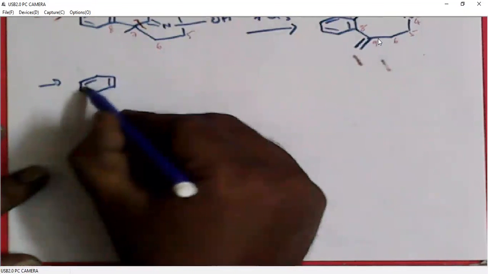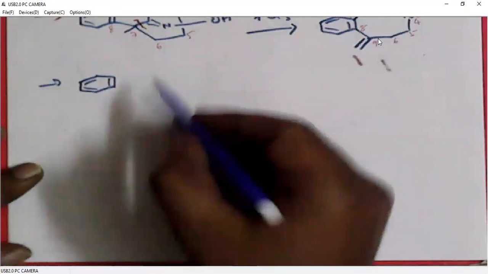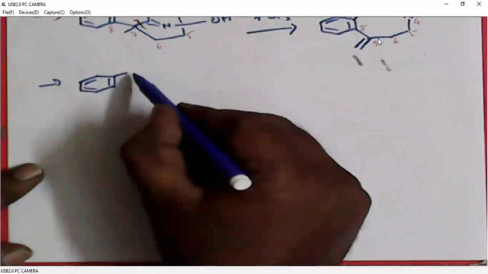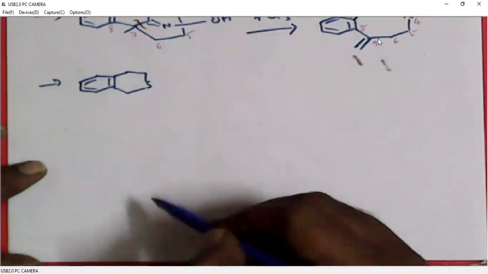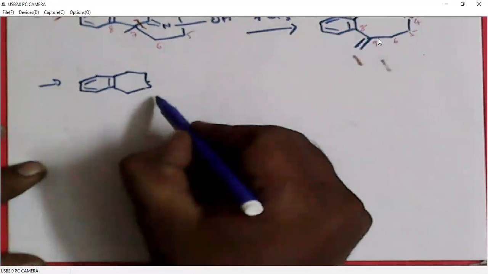Similarly, when we have stabilizing substituents for a carbocation, like plus M groups, here we have sulfur. So this is sulfur.